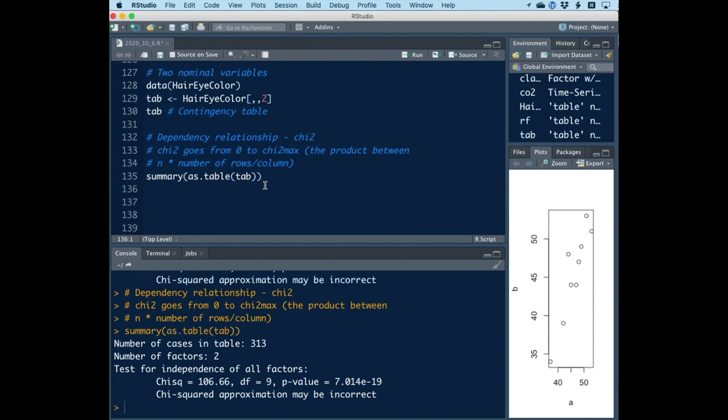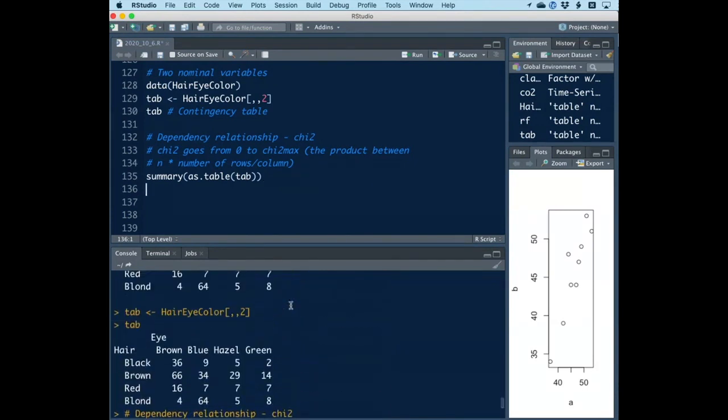So we see that the chi-square value is 106. And you know that this goes from a minimum of 0 to a maximum computed with 313 cases. The number of rows is 4. The number of columns is 4.